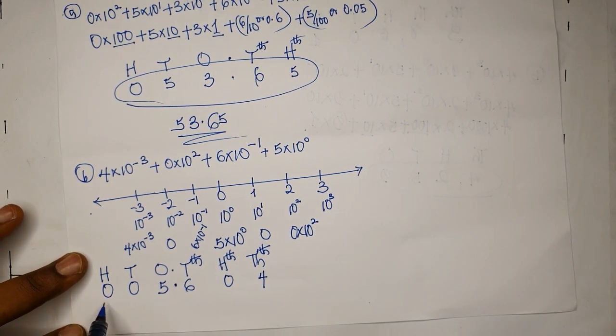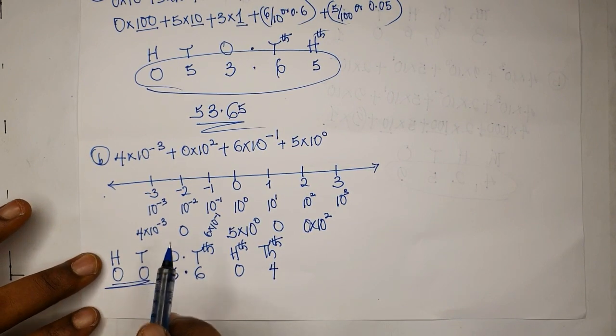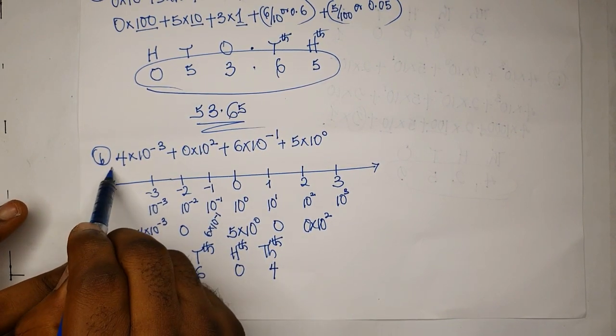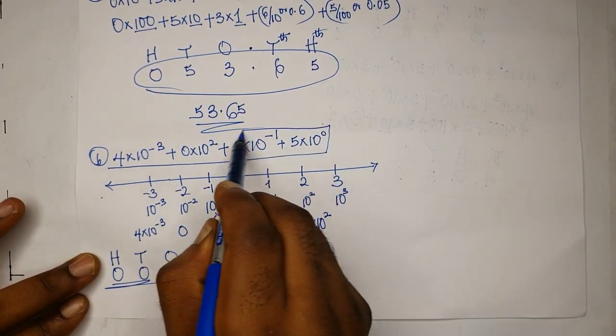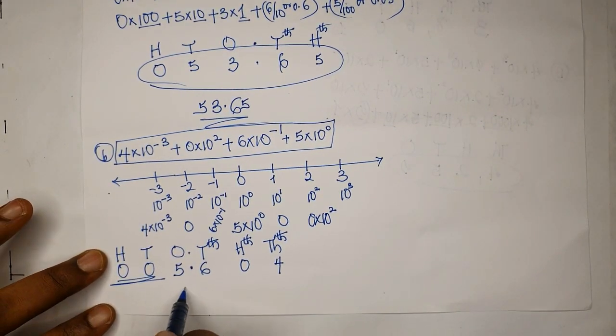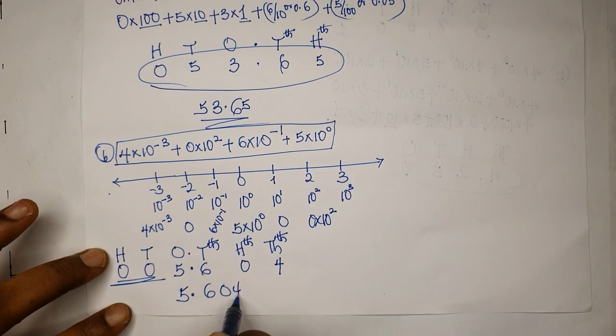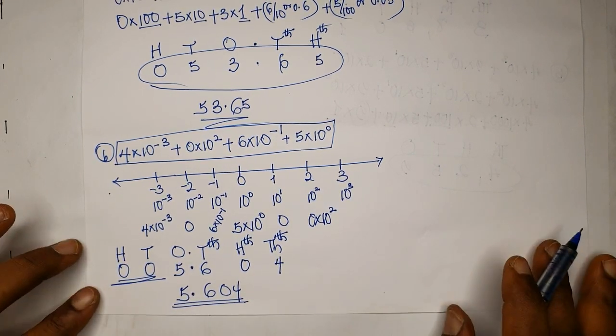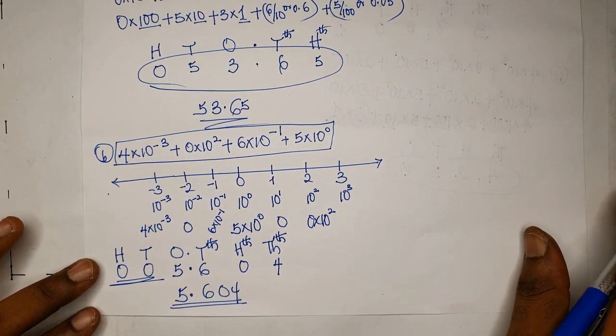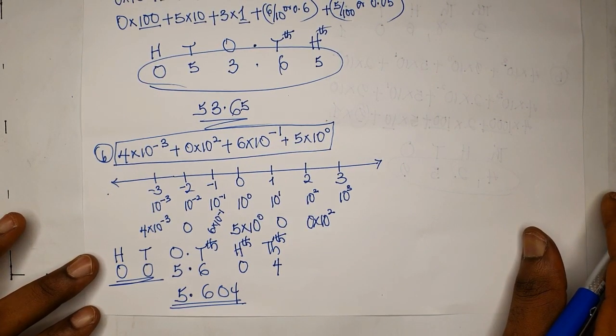What this means is that both the hundreds place and the tens place do not exist. Therefore, this expanded number here is exactly the same thing as the number 5.604. You must be careful when dealing with writing expanded decimal numbers in their actual form, because sometimes it can be tricky.